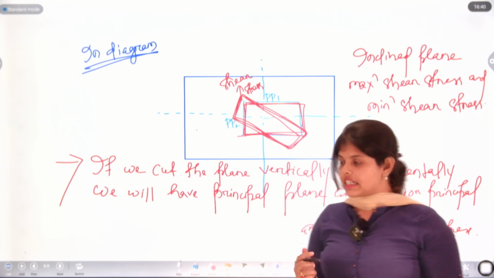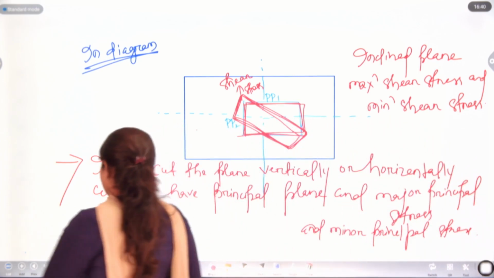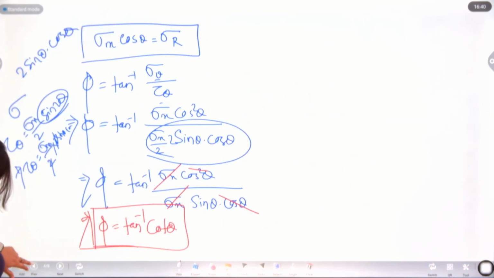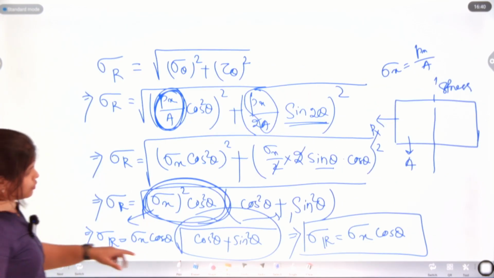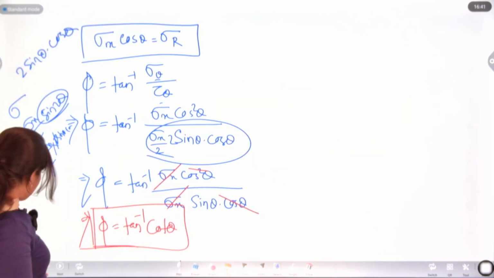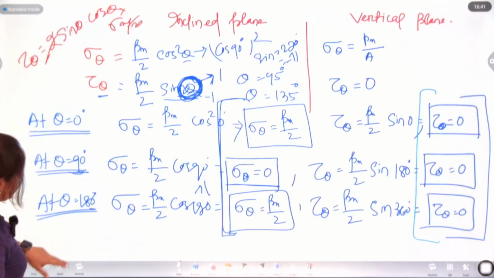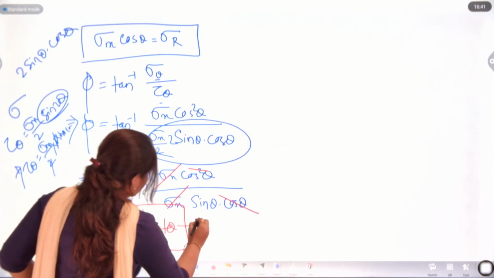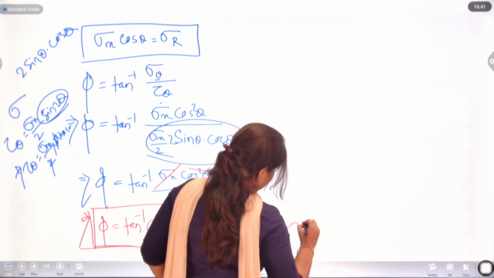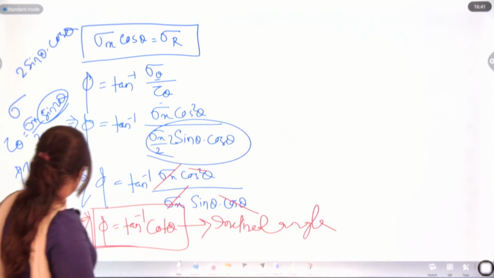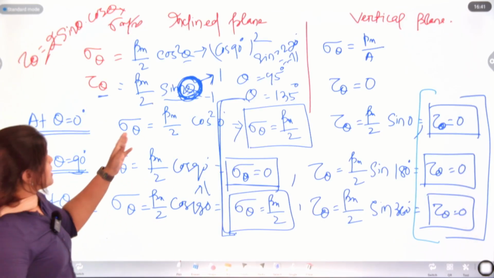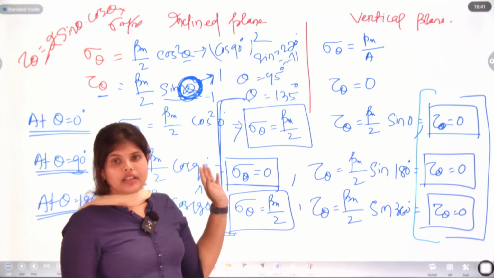So, in this class, first we learned how to find out resultant stress. Here we have found the resultant stress and stresses at different inclination angles.